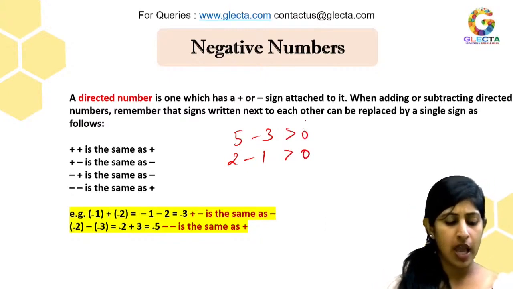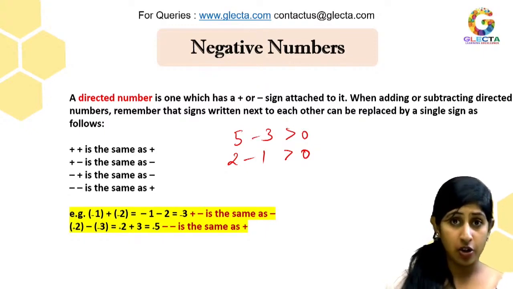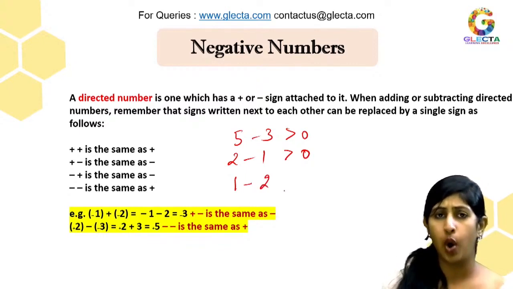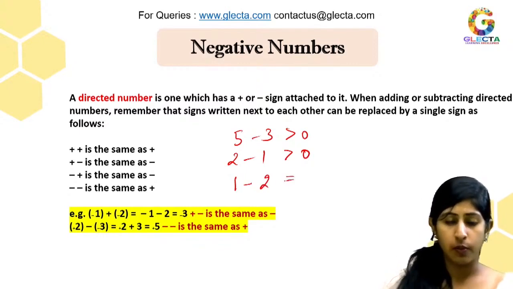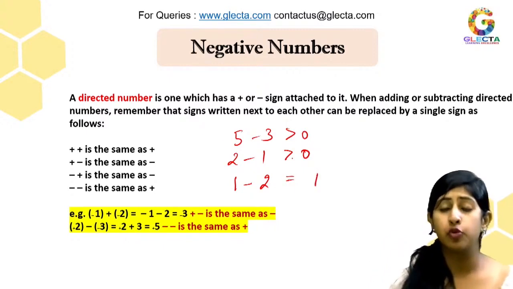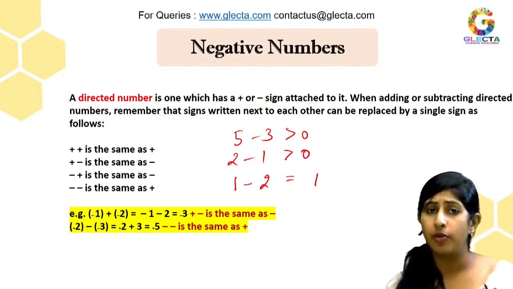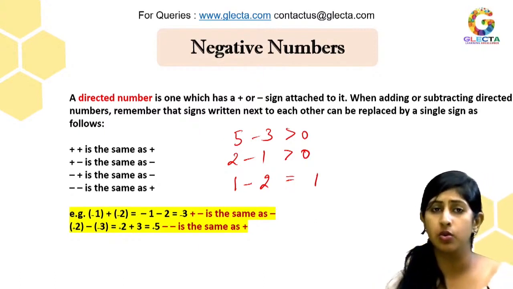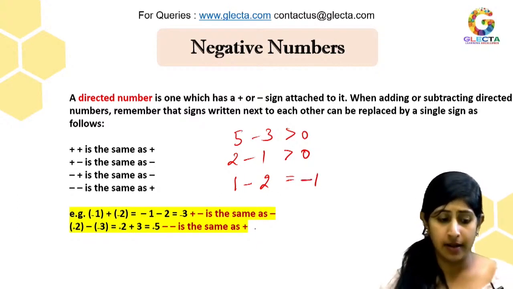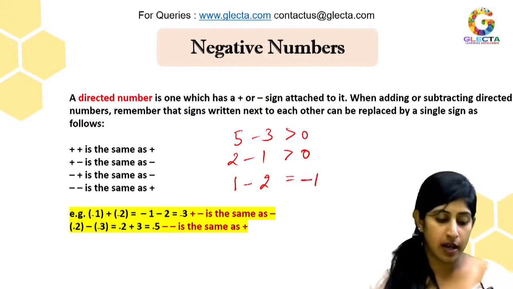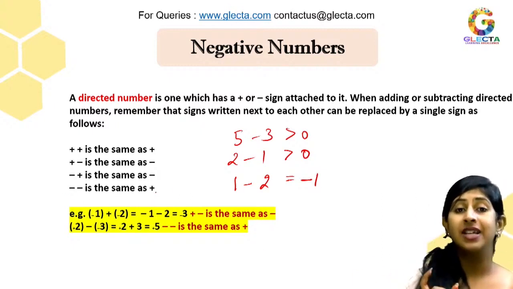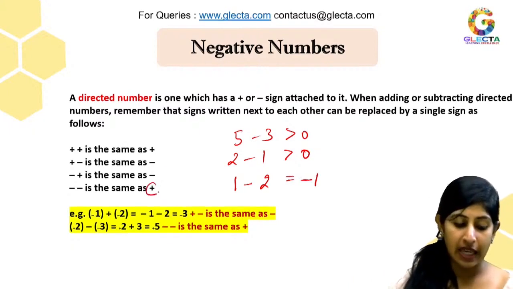And what if you are taking a number that is larger later? For example, 1 minus 2, what now? What is the difference between 1 and 2? That's obviously 1. But since I'm subtracting a larger number, 2, from a smaller number, 1, my answer will be negative this time, alright? And when we are adding negative and negative, it is the same as positive, but we attach the sign of negative.